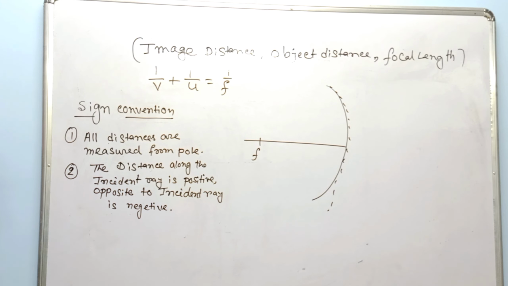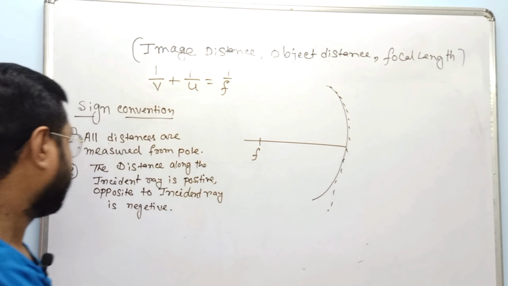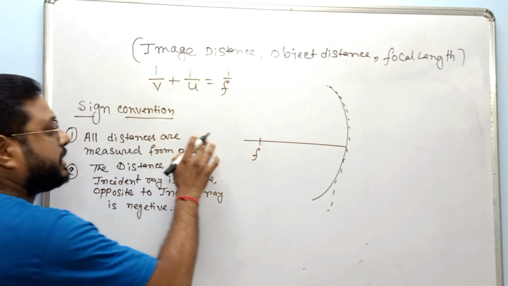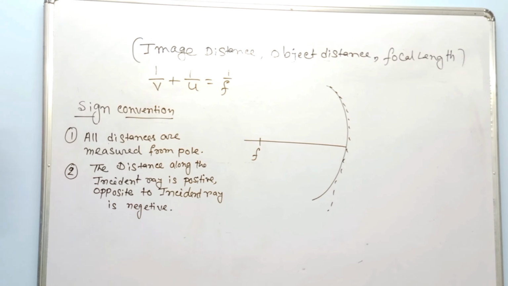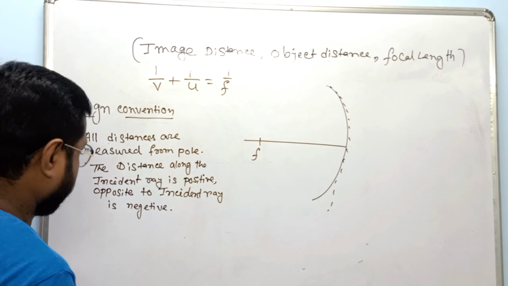All the distances are measured from the pole, and the distance along the incident ray from the pole is taken as positive, and opposite to the incident ray is taken as negative.